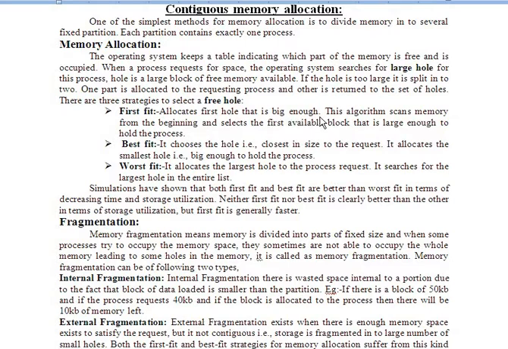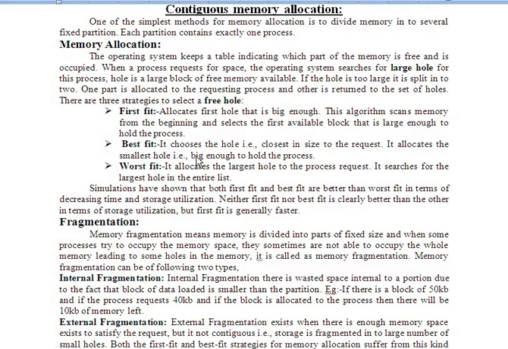This algorithm scans the memory from beginning to end, and whenever it finds the first big enough partition, that will be allocated to the process. Say, for example, there are 20 partitions. It checks the first partition, the second, the third, and finds that the third partition is big enough, so that will be given to the process.